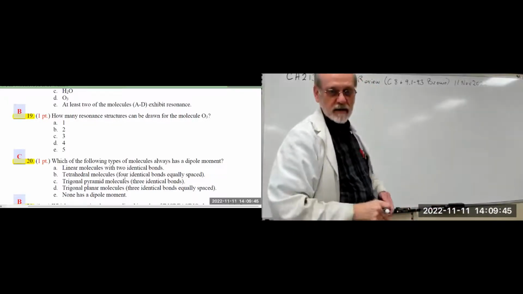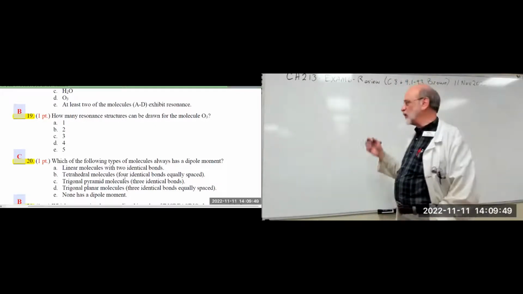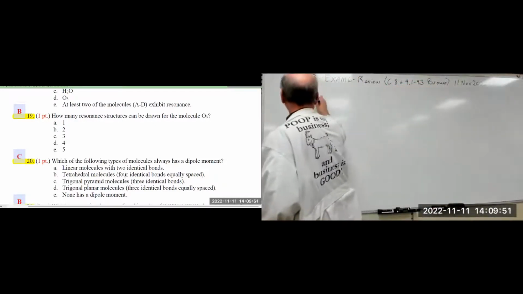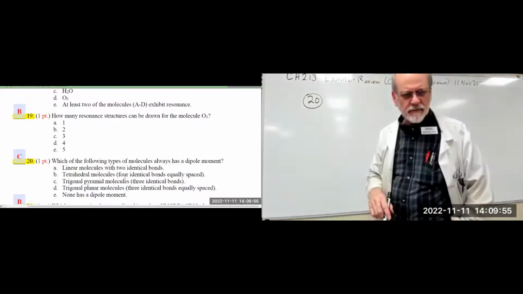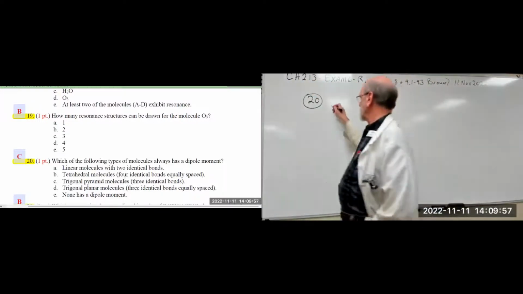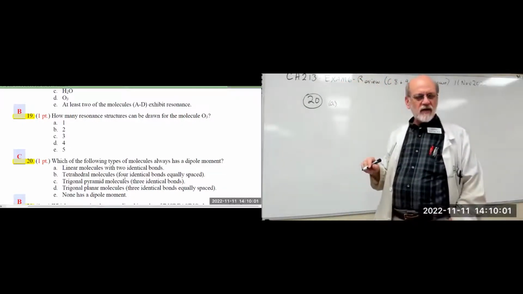Okay, 20. Which of the following types of molecules always have a dipole moment? Okay, let's see. What do we got to choose from? Well, let's take linear with 2 identical bonds.